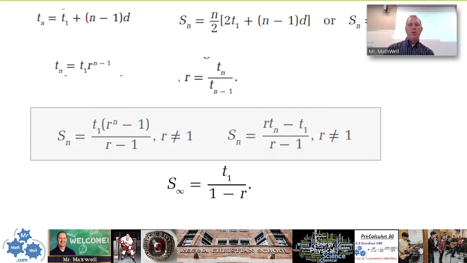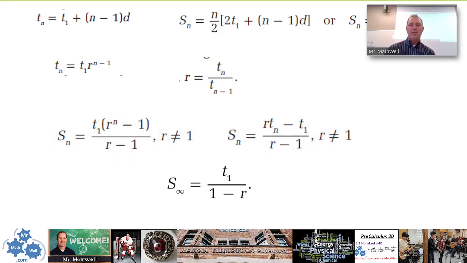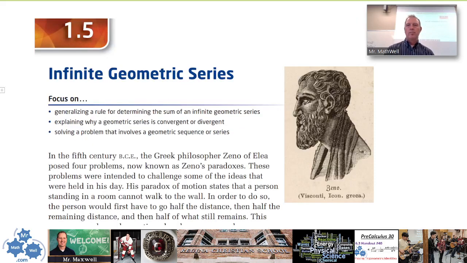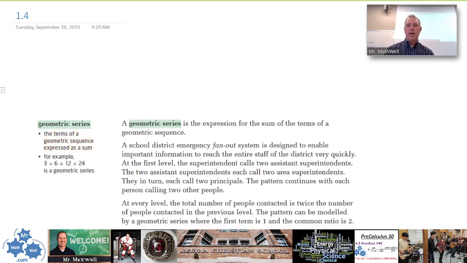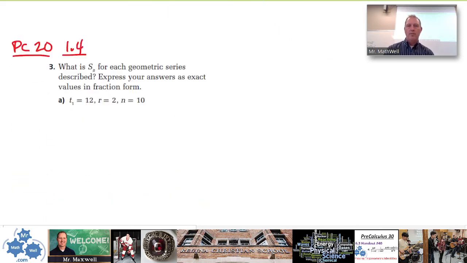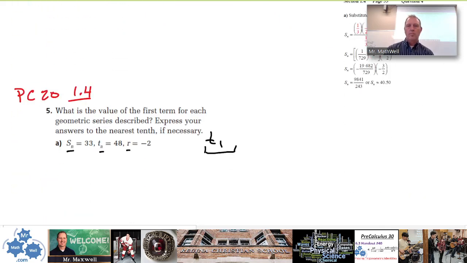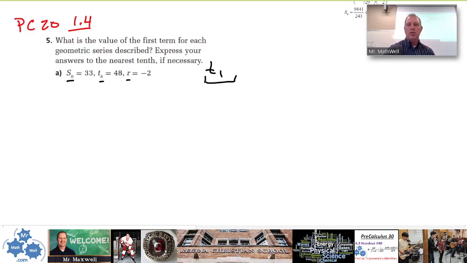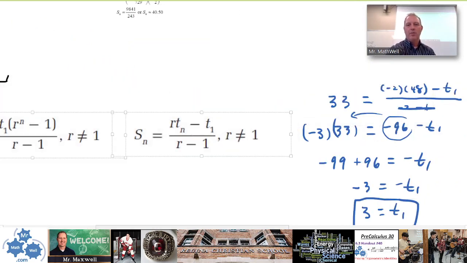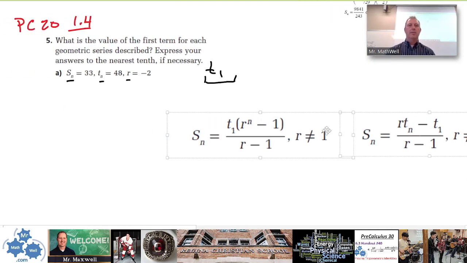Let me see if I can copy these and bring them over to where we're working, which would be 1.4, number 5. There we are. So let's drop these formulas right here. Bring them over. Technology, isn't it great? Okay, I get to see my world here.